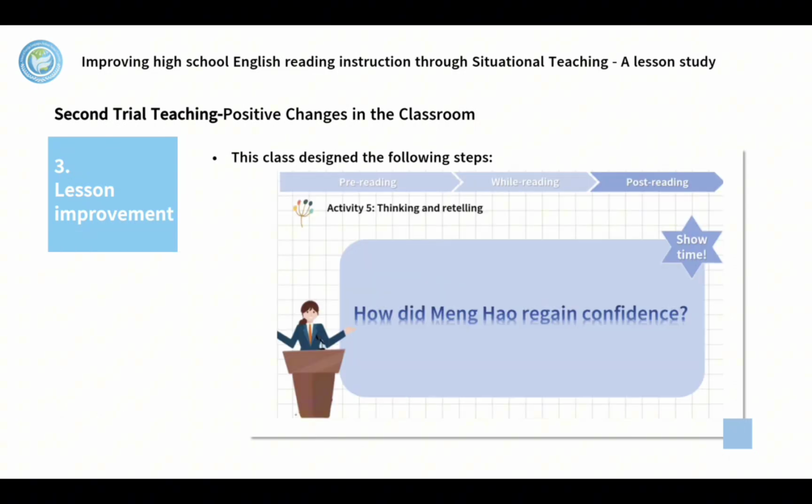At the same time, the post-reading exercises changed from retelling Wang Hao's story to retelling how Wang Hao regained confidence. Compared with the first version, the difficulty of retelling has increased, and the hierarchy has been reflected, and students will pay more attention to the emotional changes of Wang Hao.